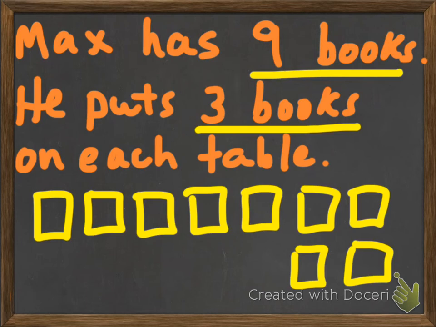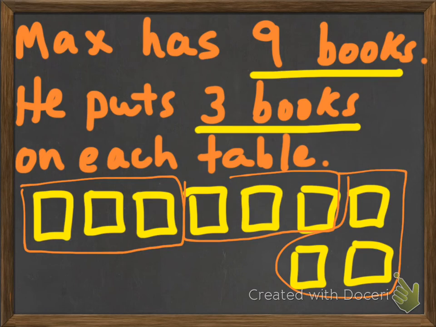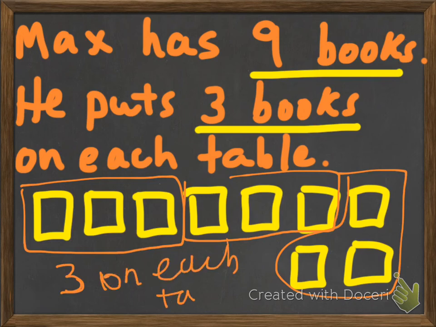If we were going to draw it out, this could be a table, this could be a table, and this could be a table. So it looks like we're going to have 3 on each table. And that's 3 in each group.